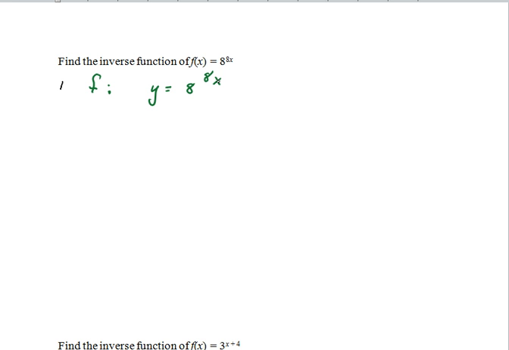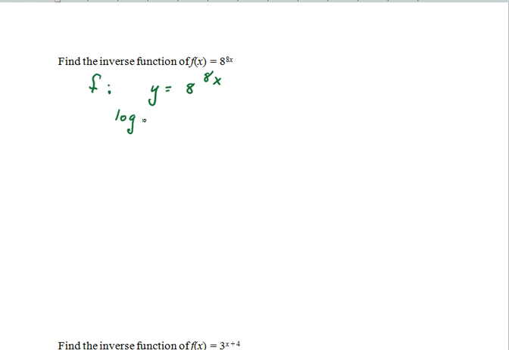And so if we want to go and solve for x, we can do so by changing to logarithmic form, or using the vocabulary of the section we're currently studying, applying the log base 8, or even the common log, to both sides.